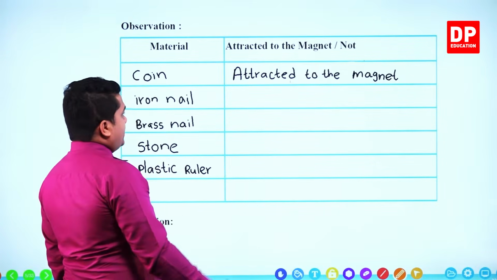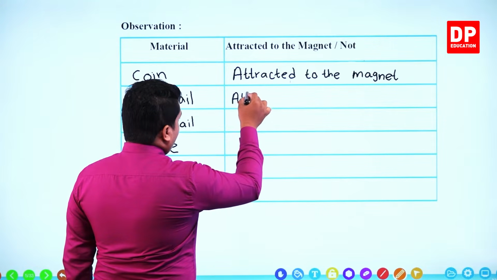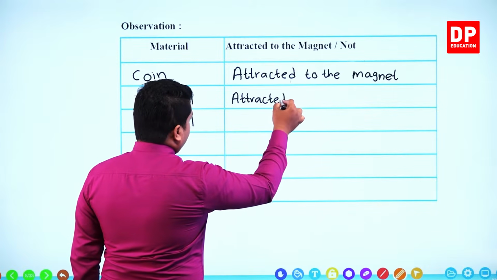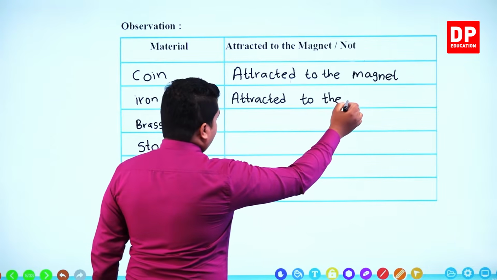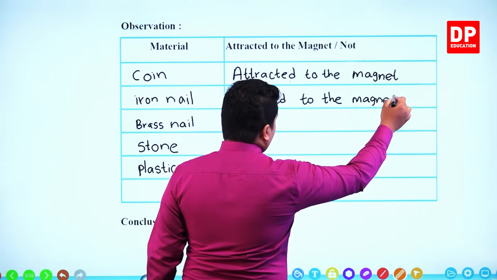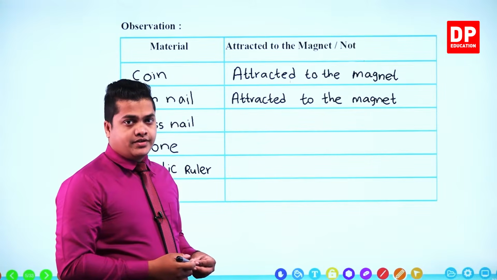Then the next one, iron nail. Iron nail also attracted to the magnet.